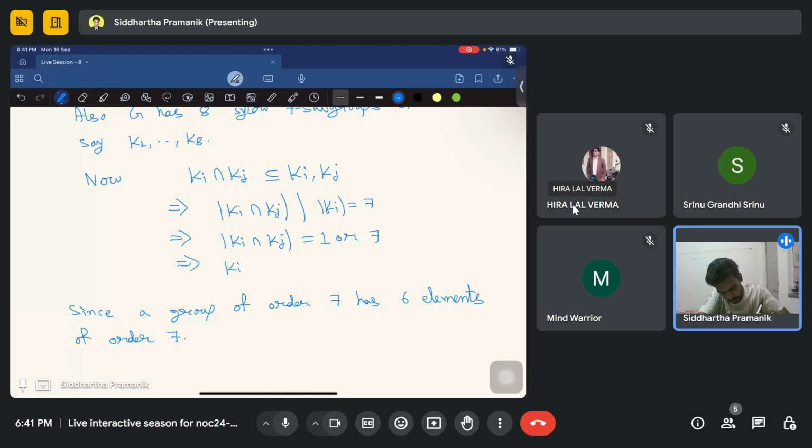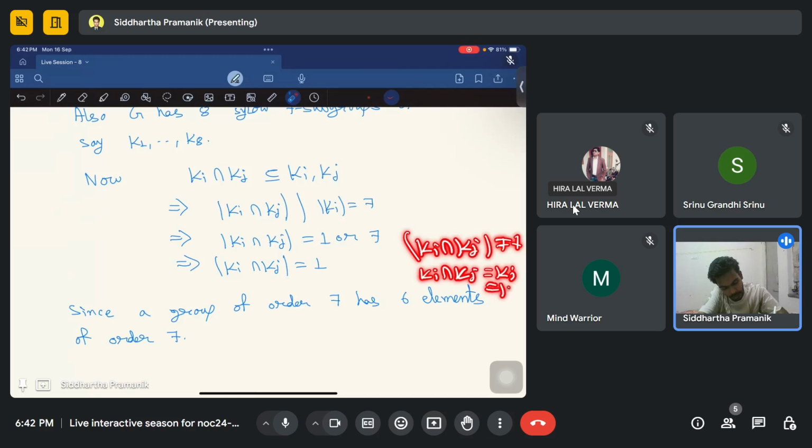If Ki intersection Kj had order 7, then Ki intersection Kj would equal Ki and would equal Kj. But i and j are distinct, so Ki and Kj are distinct subgroups. They cannot be equal. So the intersection has order 1, for all i not equal to j.